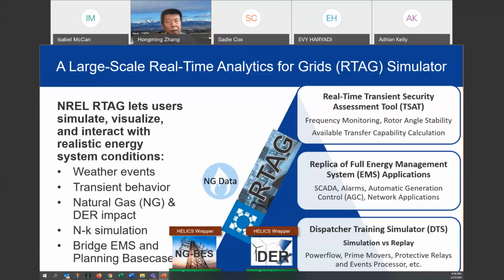Then on the left, you can see we add weather events and natural gas information. Natural gas, as everybody knows, is 40% or 50% of the generation in a lot of interconnections. Many units may be supplied by a single compression station or pipeline.